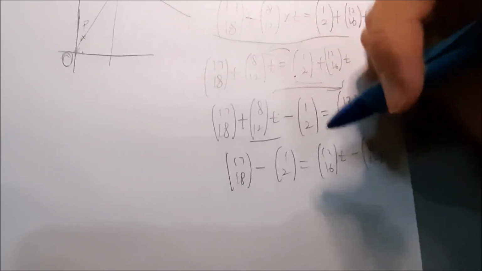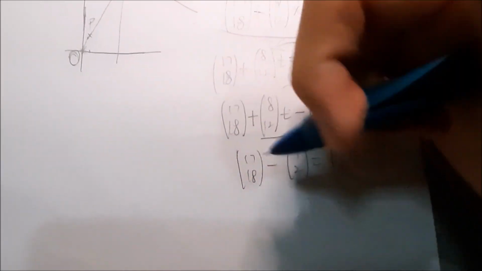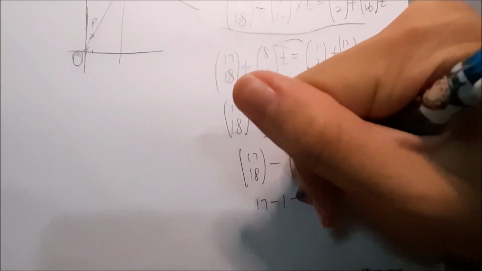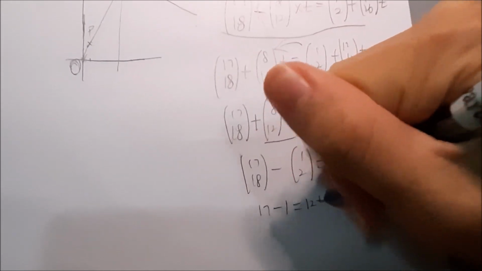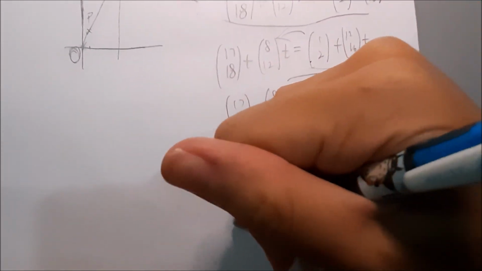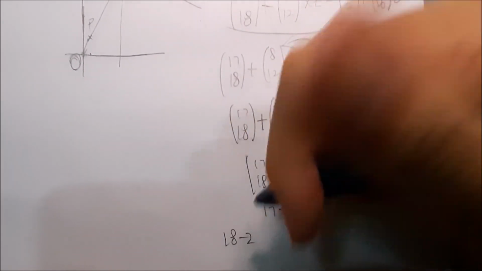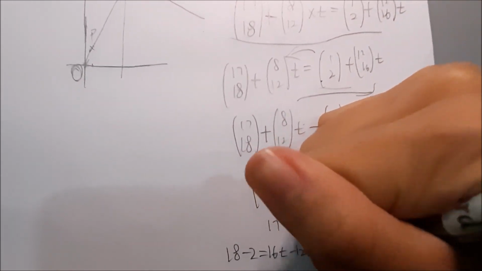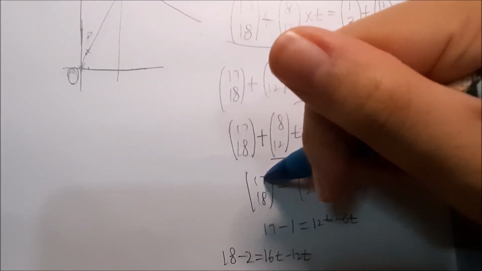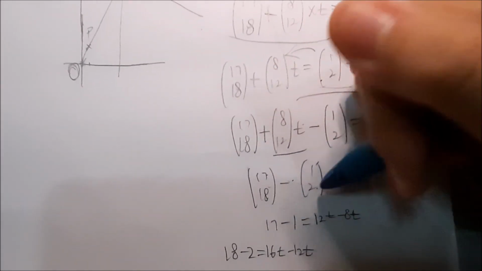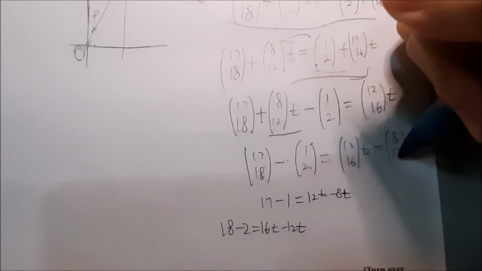So from here, you can simplify it by choosing either 17 minus 1 equals 12t minus 8t, or 18 minus 2 equals 16t minus 12t.